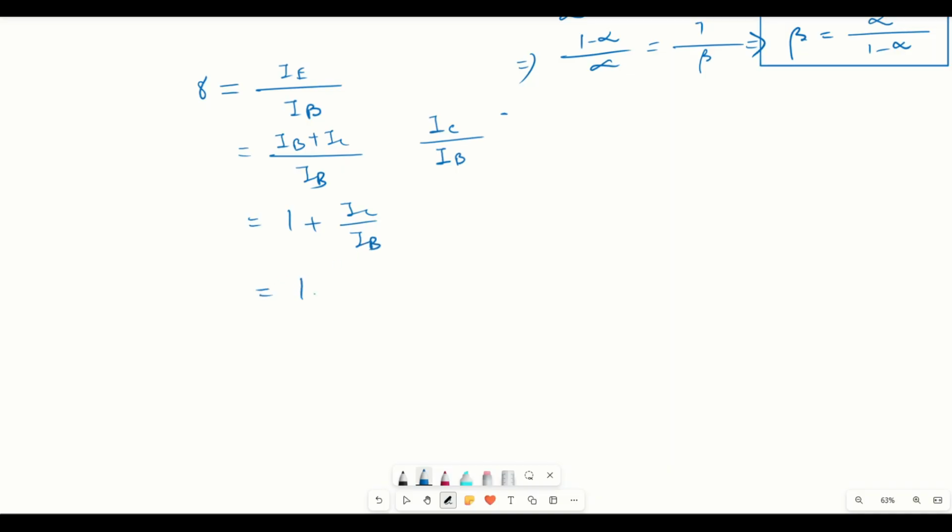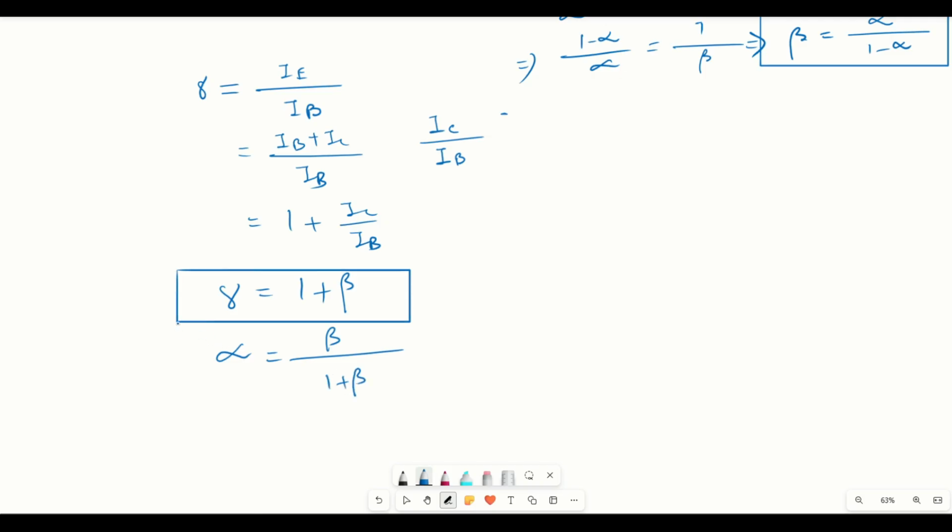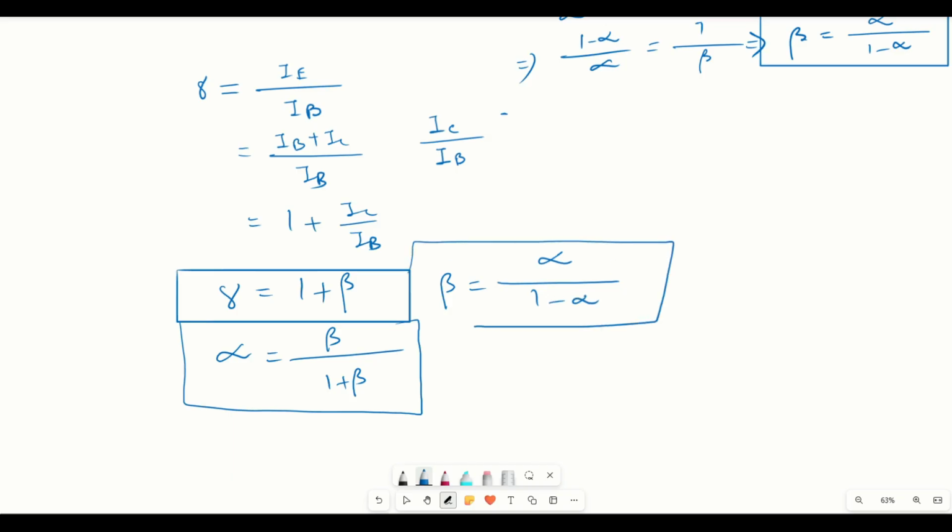IC by IB is beta, so gamma is 1 plus beta. So these are the conversions of alpha, beta and gamma. Alpha is beta by 1 plus beta. Then beta is alpha by 1 minus alpha. So these are the relations of the gain.